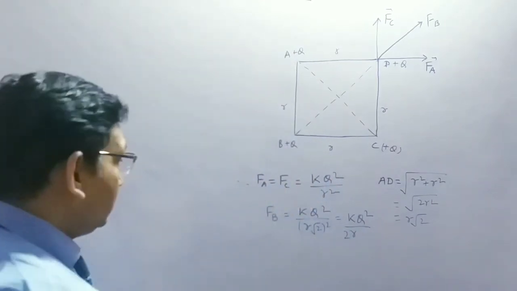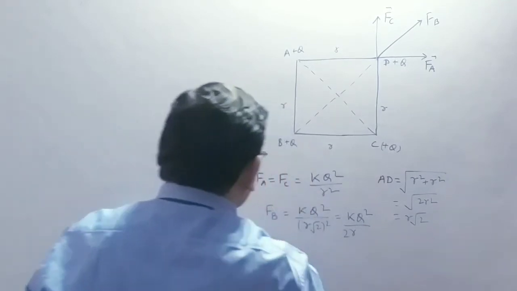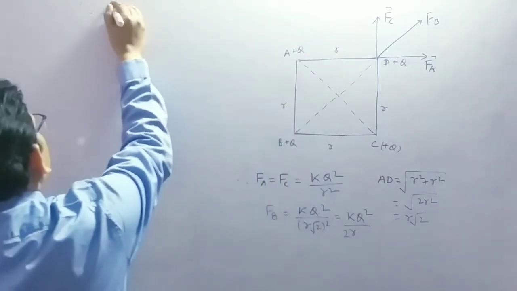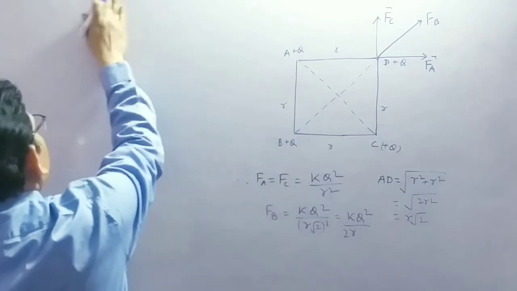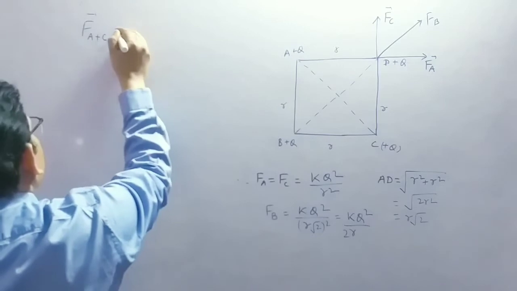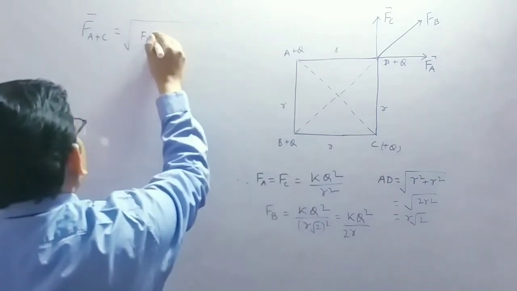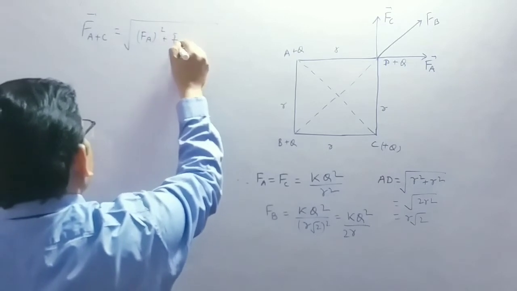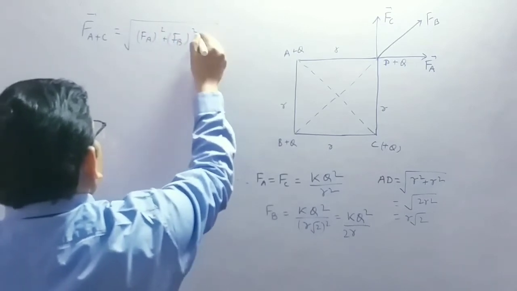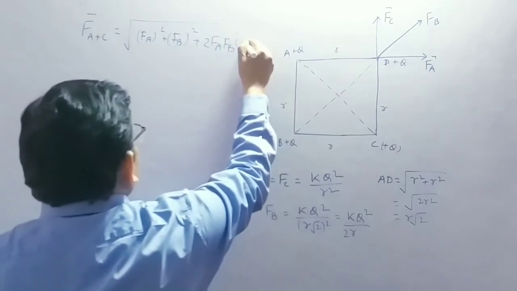Okay. So now, first take the resultant of force A and C. The resultant of force A plus C would be given by this formula: force A square plus force B square plus twice force A force B cos theta.